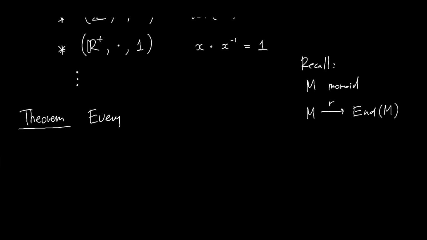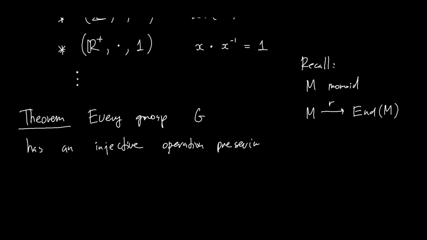So every group G has an injective, operation-preserving map to the group of all symmetries, let's say, all symmetries on a given set.